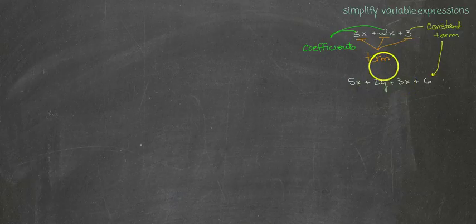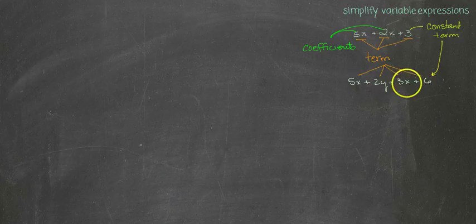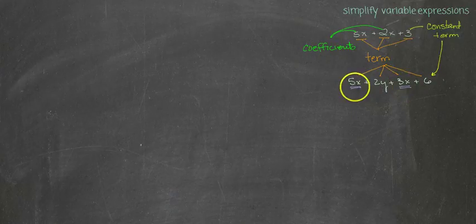I would say that each of these is a term, but even when I'm looking at my variable terms, they have a different look about them. Well, 5, 2, and 3 continue to be coefficients, but 5x and 3x, because they have the same variable attached to them, are called like terms.